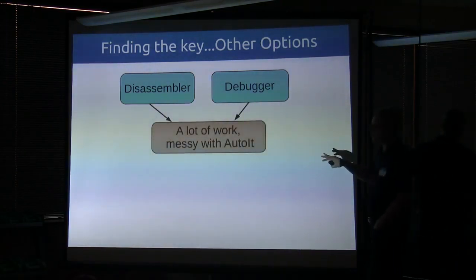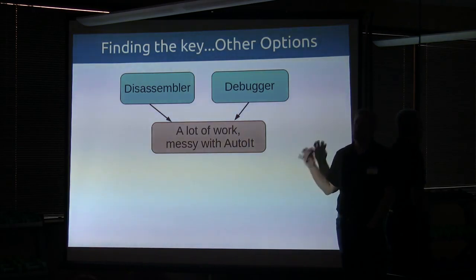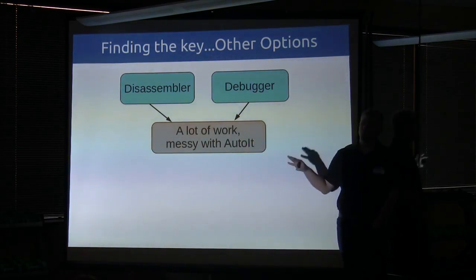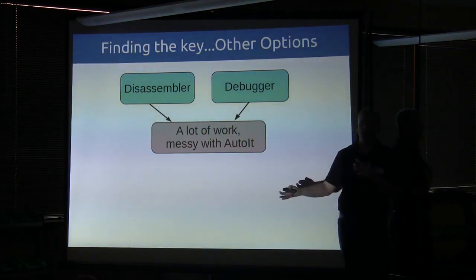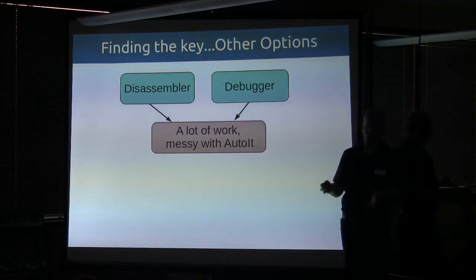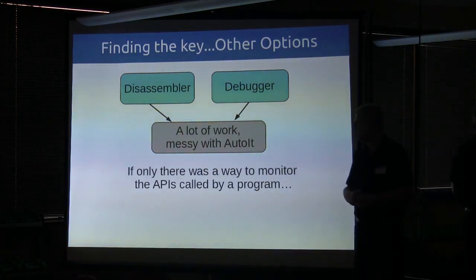But it's a lot of work, and when you're dealing with an AutoIt compiled program, it gets very messy, because the actual code that you're looking at is not the actual code that the author wrote. It's the AutoIt compiler and how it's interpreting all of the bytecodes from the AutoIt program. And so it becomes very messy. So I decided not to go down this route because it would probably be easier to deobfuscate that code.